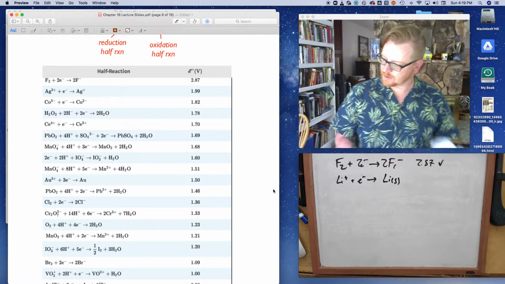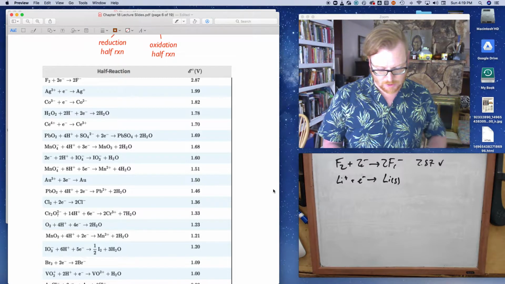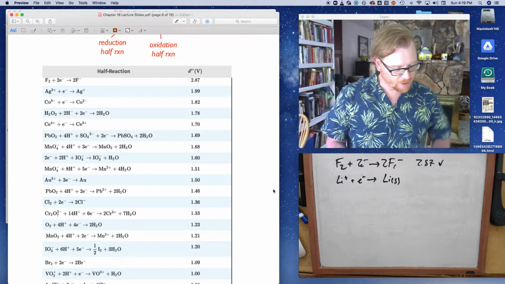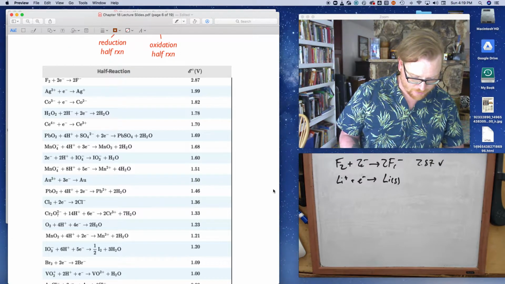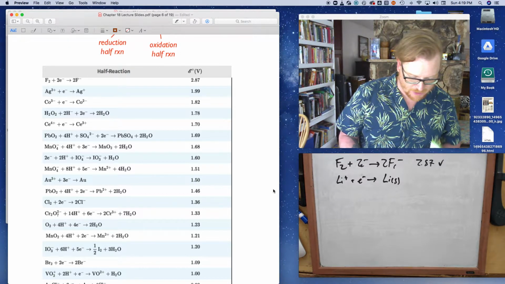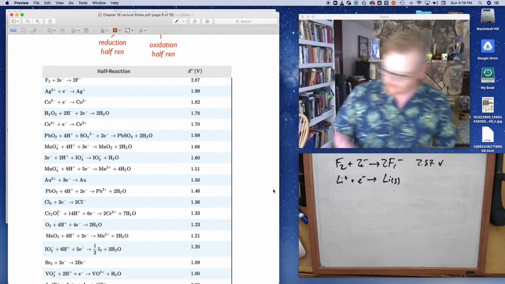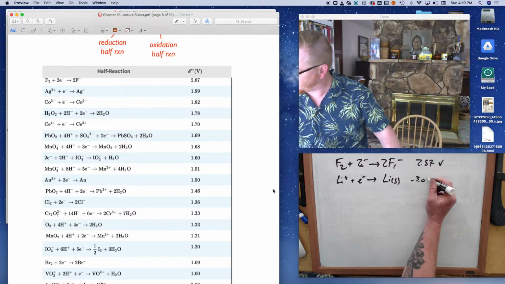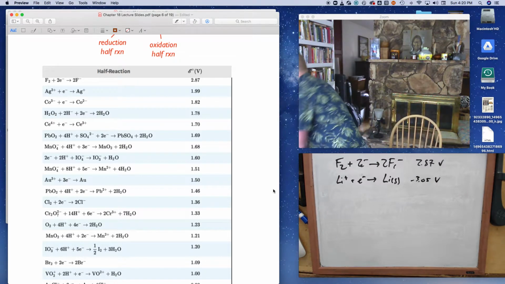Let me look this up here in the back of the book. It's about negative 3 volts, but I want to make sure that I get the right number written down, because I'm on the internet and people can say, what the heck, dude? Okay, negative 3.05 volts. So what does all of this mean?